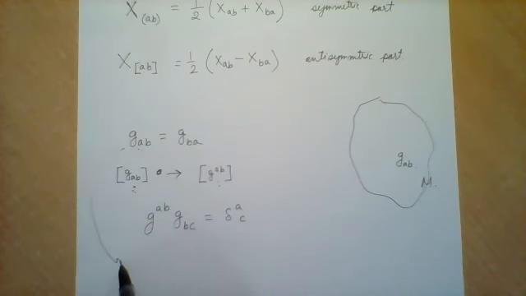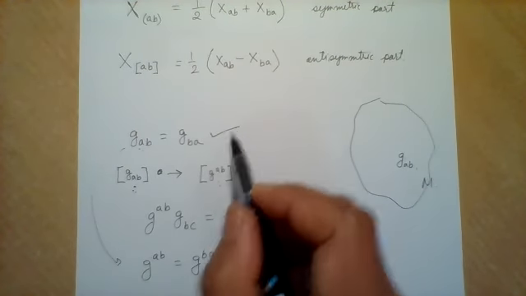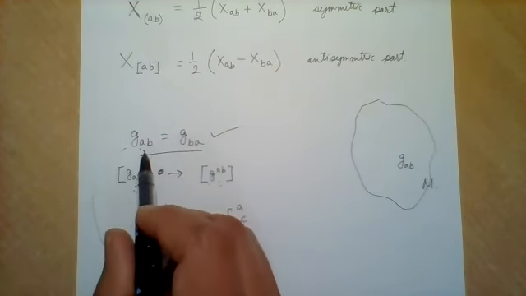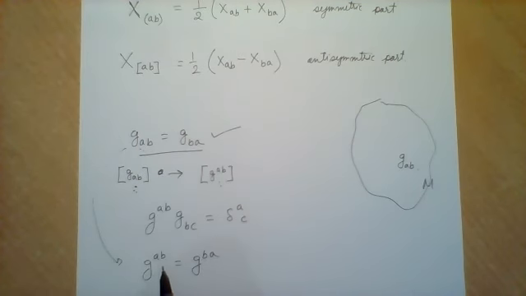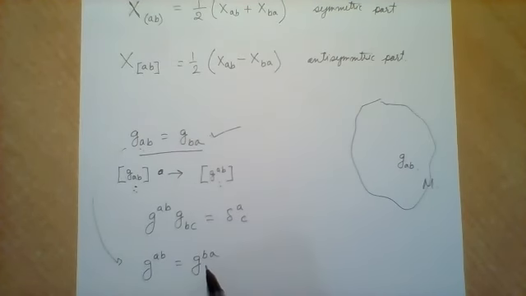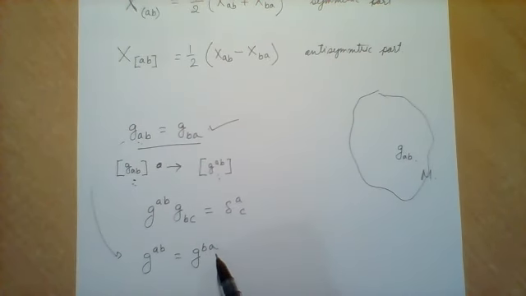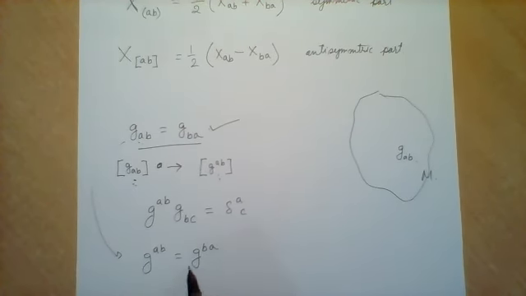So that means G superscript AB is equal to G superscript BA. The metric tensor with lower indices is a tensor of type 0,2, and this is a tensor of type 2,0. We can use the quotient theorem to prove that these are the components of a tensor of type 2,0.